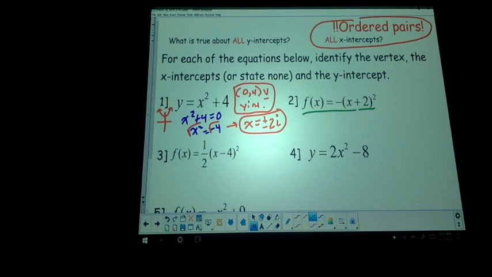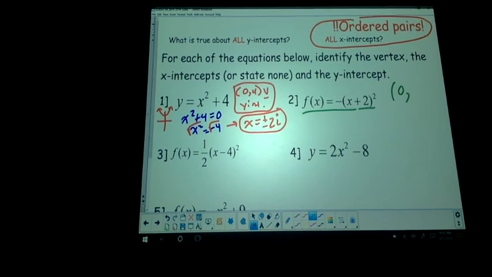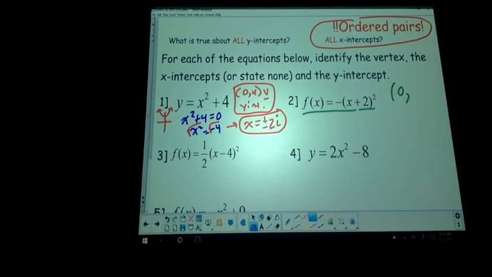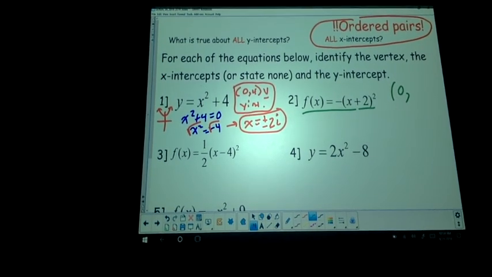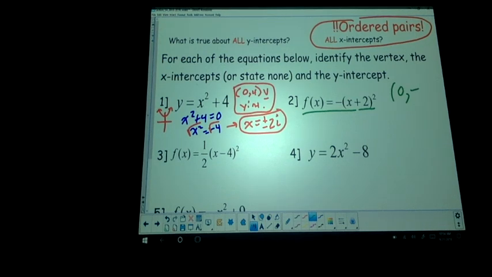Problem number 2. What's my vertex? -2, 0. Why is it -2 and not +2? This negative has nothing to do with it right there.